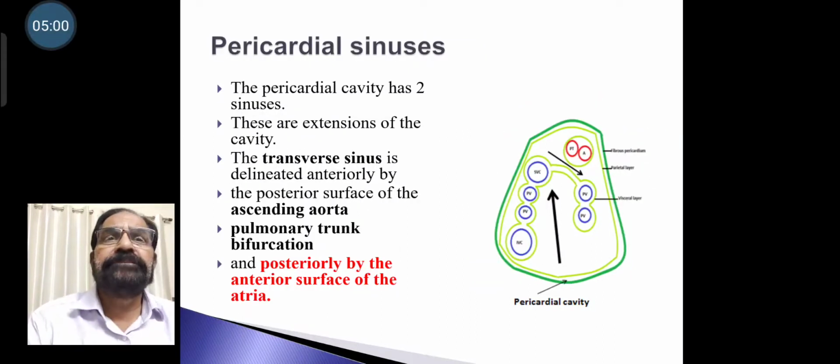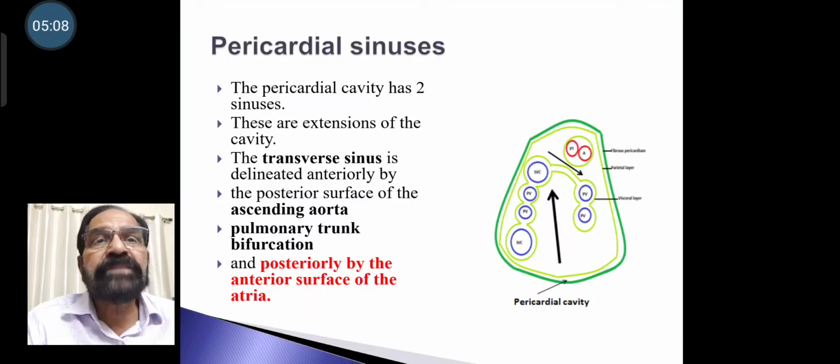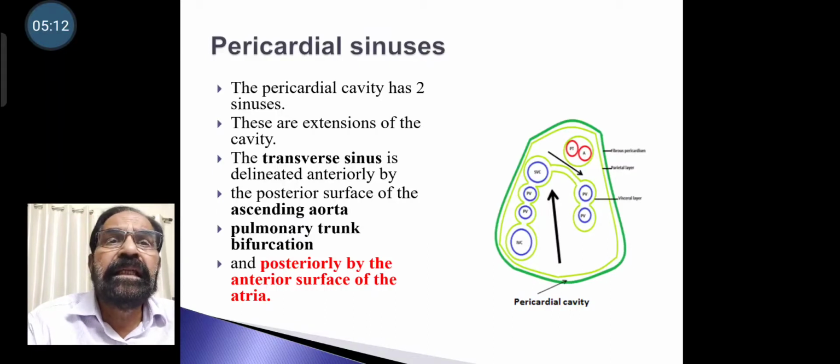Pericardial sinuses. The pericardial cavity has two sinuses. These are extensions of the cavity. Transverse sinus is delineated anteriorly by the posterior surface of ascending aorta and pulmonary trunk bifurcation, and posteriorly by the anterior surface of atria.